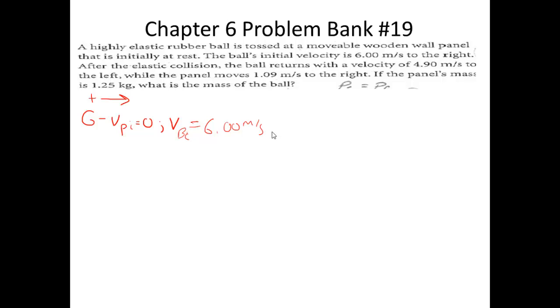We are given that the final velocity of the panel is equal to 1.09 meters per second. And we are given the panel's mass. Our unknown is the mass of the ball.